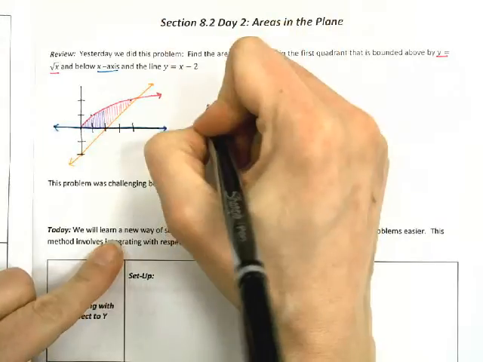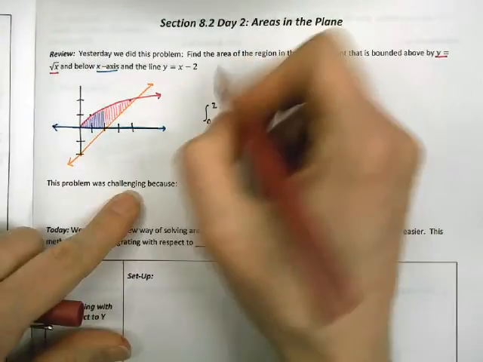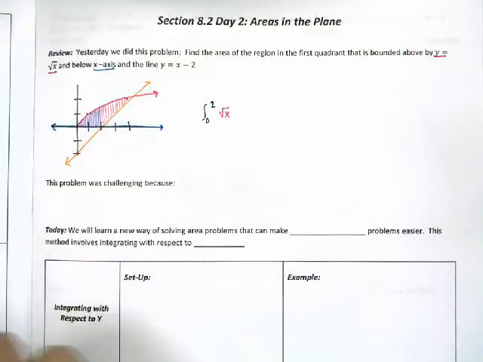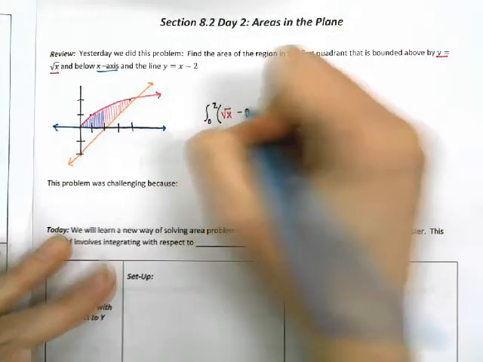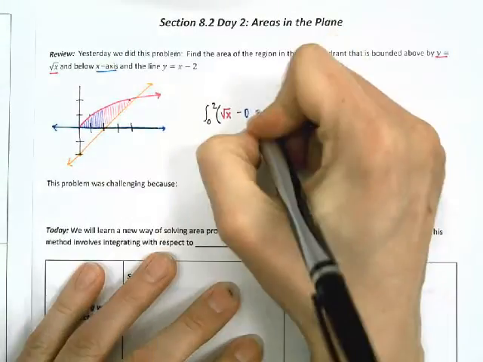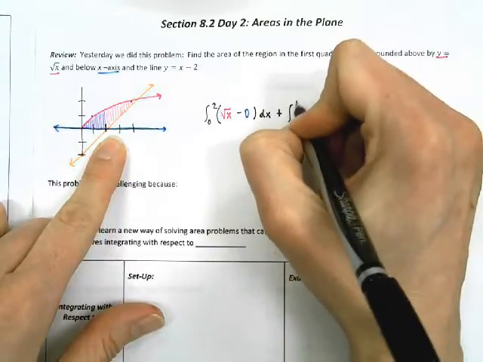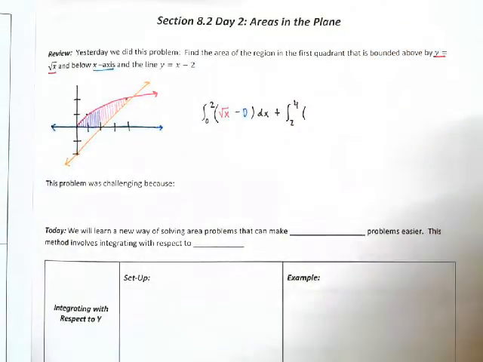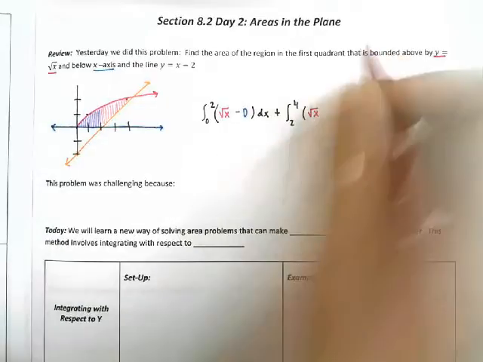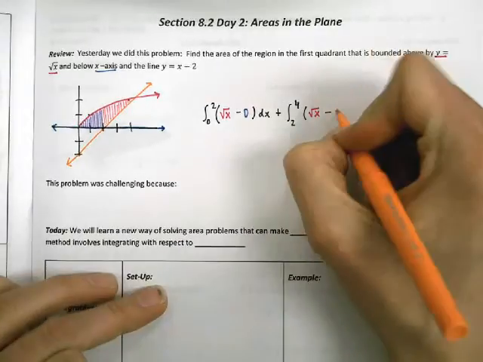So we knew the area was the integral from 0 to 2. Again, we did top minus bottom. So that was square root of x. And really, even though we wouldn't normally write it, we know our bottom was 0. And then we had to add our second integral, which went from 2 to 4. In this case, our top was still square root of x, but now our bottom switched to being the line, x minus 2.